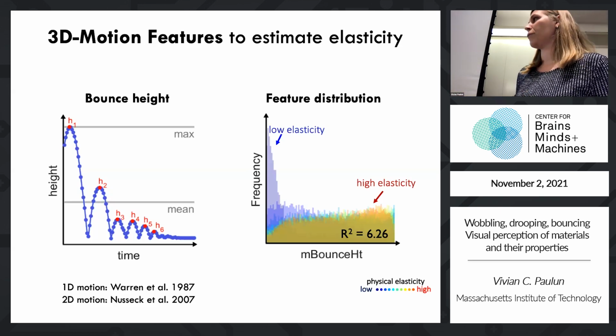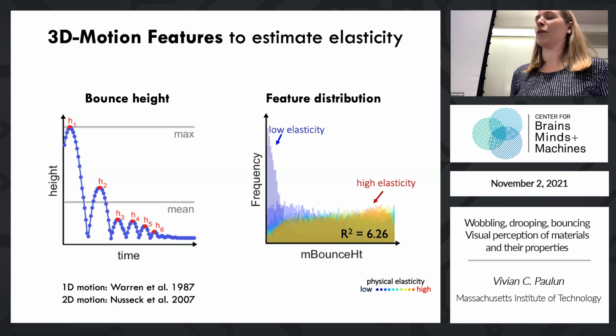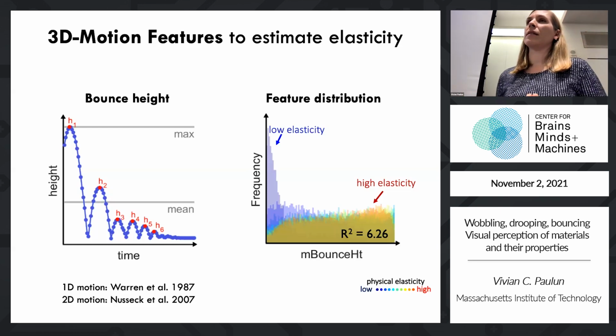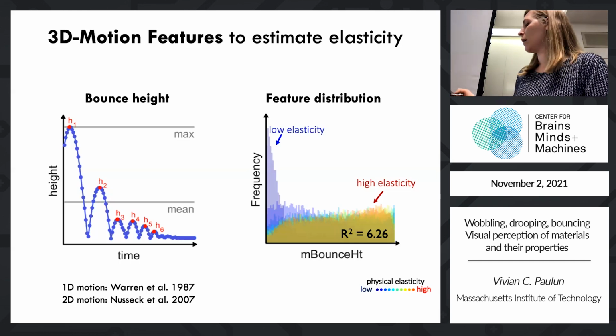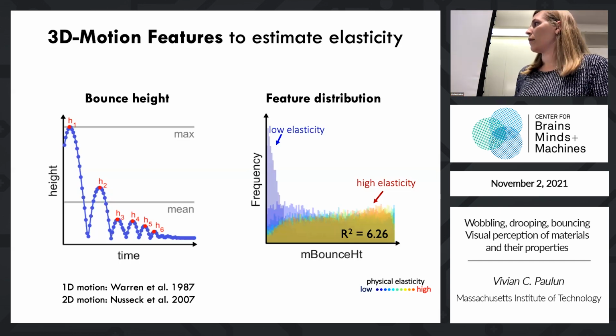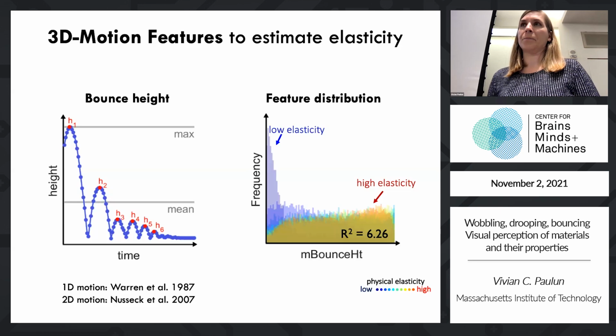It's actually 10 different histograms, one for each level of elasticity. And the fact that they all overlap tells you that this feature doesn't really differentiate between different levels of elasticity. So in our a little bit more complex and more naturalistic scene, bounce height is not actually very diagnostic for elasticity. The shared variance is only about 6%.